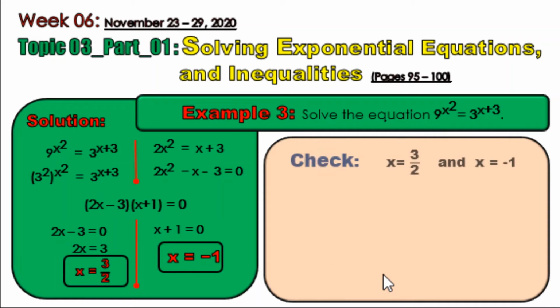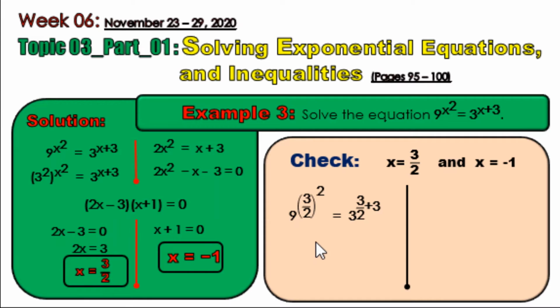So let us check our work. For the values of x, the first value of x is 3 halves. So let us substitute to the value of x. Okay, so 9 raised to 3 halves raised to 2 or squared. And we have 3 raised to 3 halves plus 3.